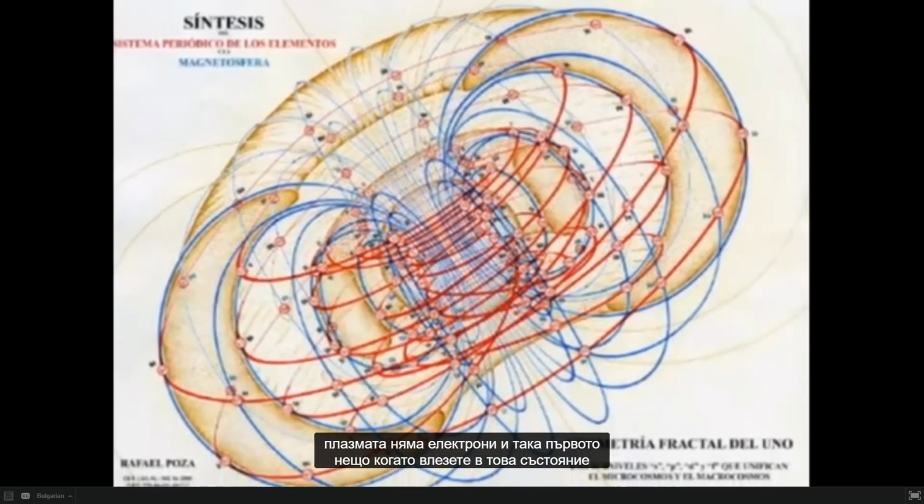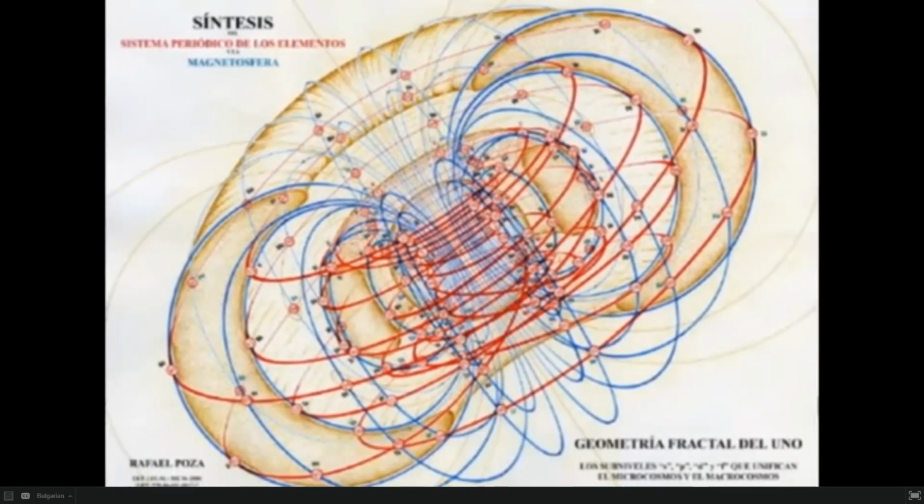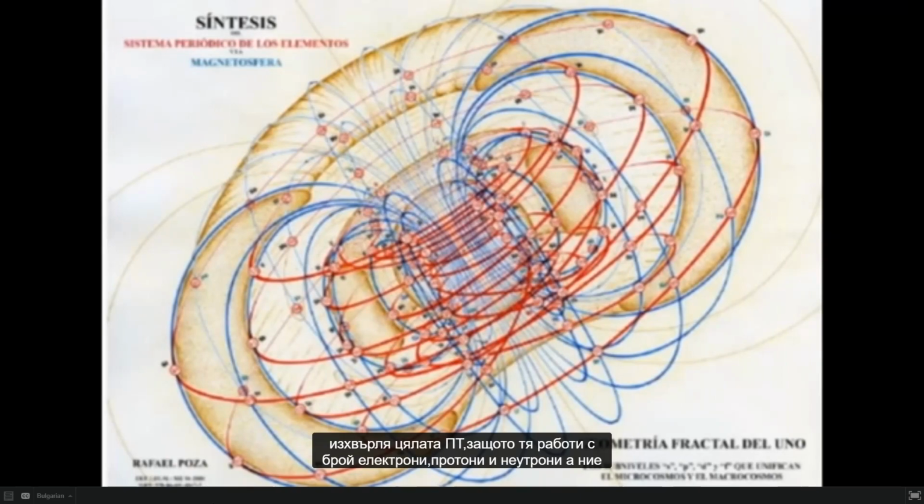So the first thing when you go into that state throws the whole periodic table into turmoil, because it works with a number of electrons, protons and neutrons, and we don't have that. So now we have to establish a new understanding of how we see a plasma, which is all about the same shape and size, in respect to what they are, what they perform, what they indicate, and what condition they create for the environment they're in.